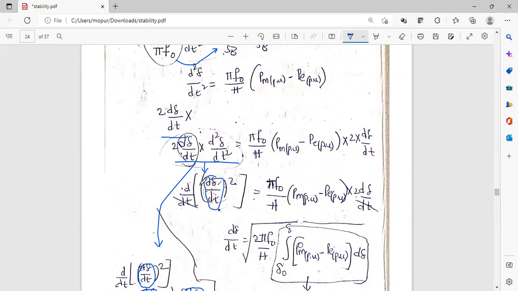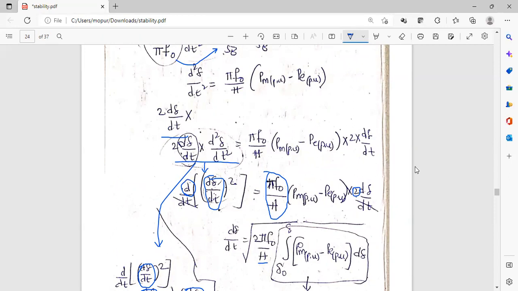If we send this d to the other side, it will become an integral. This is a constant, because there is no time component in this, so I took it outside. And this 2 is also a constant, so I am writing it outside: 2 pi F naught by H.